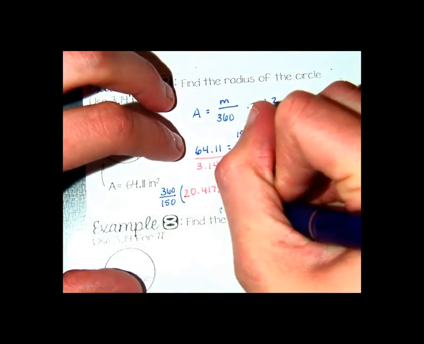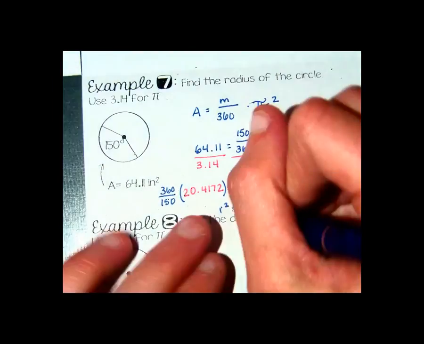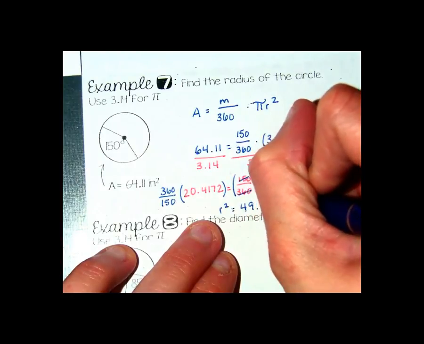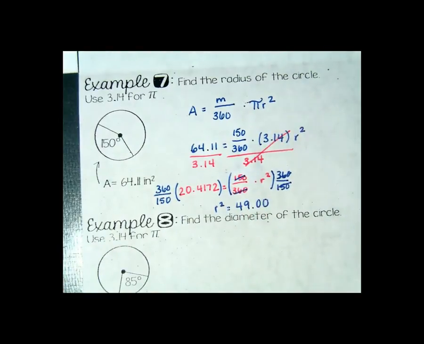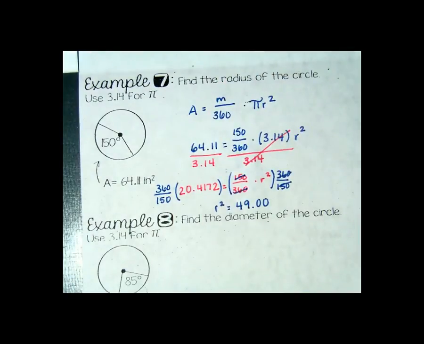R squared equals, which is why we didn't need to round here, because if we had rounded too much here, we might not have gotten close. We probably would have gotten close, but not.